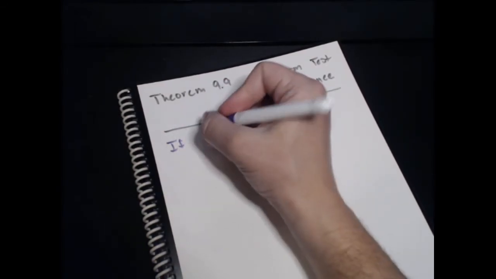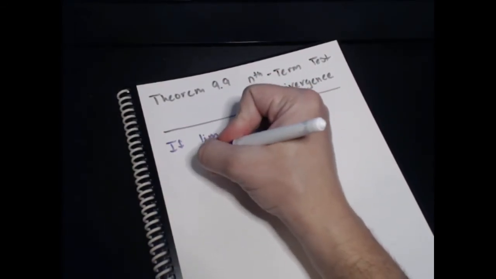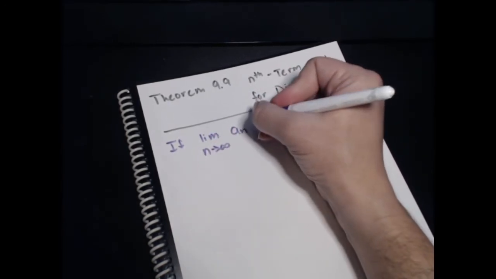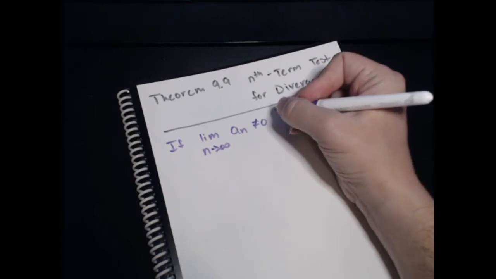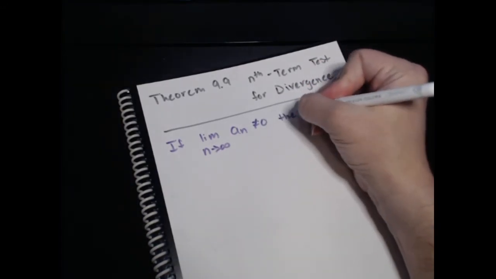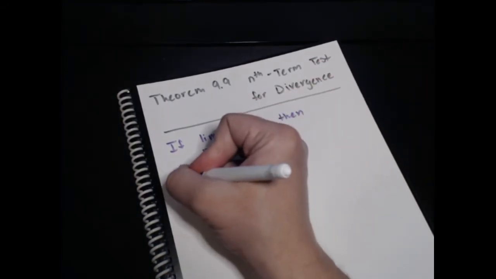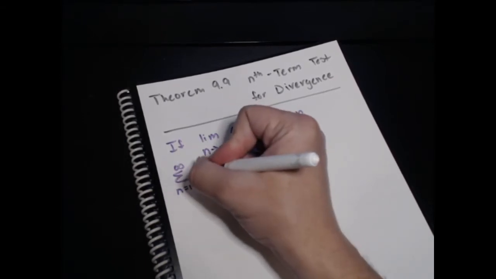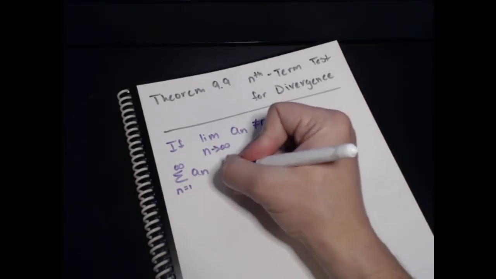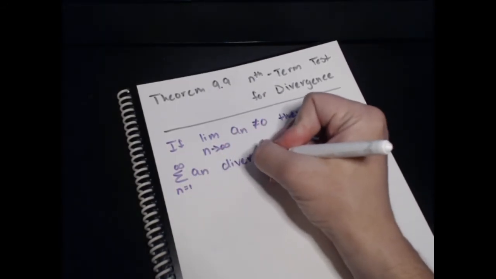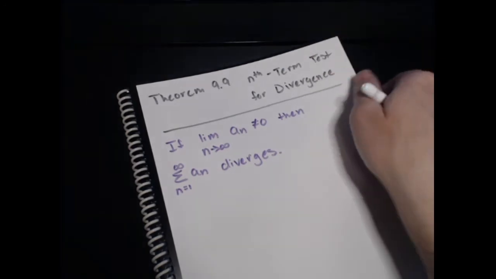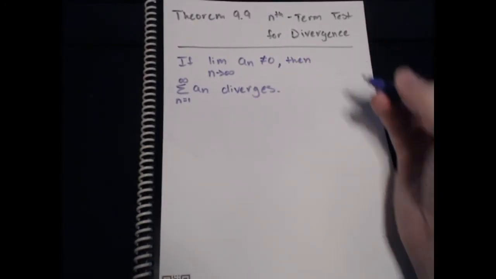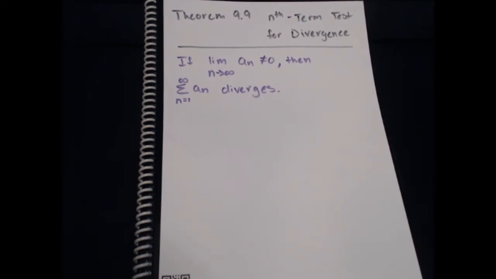If the limit as n approaches infinity of a sub n cannot equal 0, then the summation as n equals 1 to infinity of a sub n diverges. Probably should be a comma there. Just maybe.